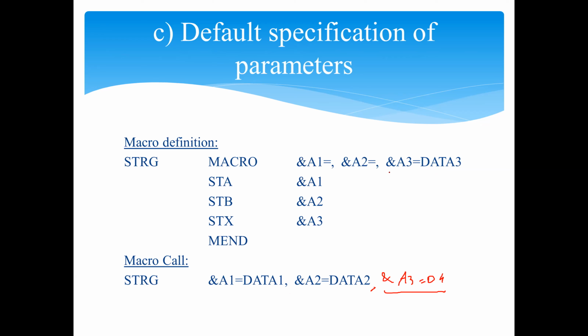The value that you have passed will be given precedence. So this default value will not be taken. Whatever value you are passing now will be passed as the argument inside the body. So wherever you have A3, the current value which is passed will be used. D4 will be used. Data 3 will not be used. So this is how you provide default parameters along with the macro prototype.